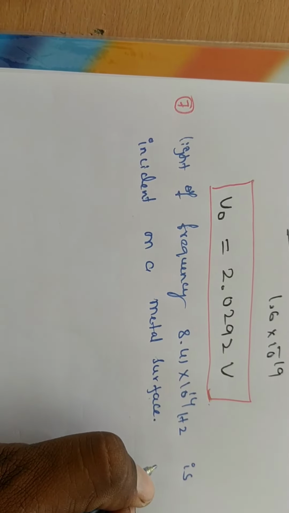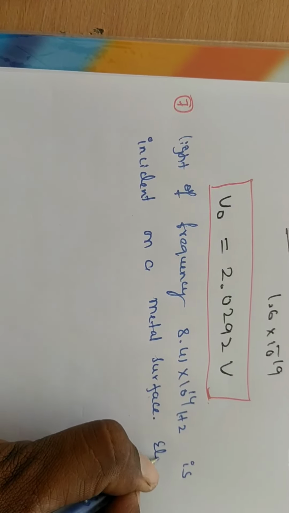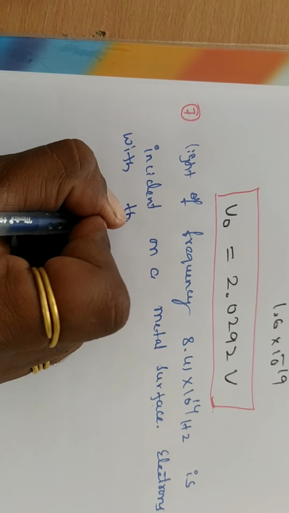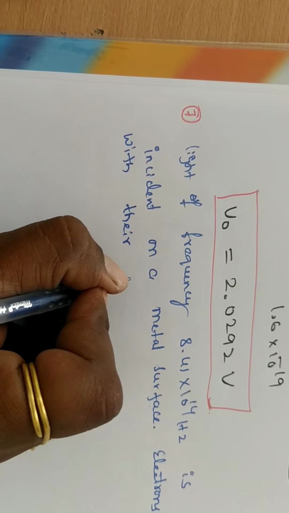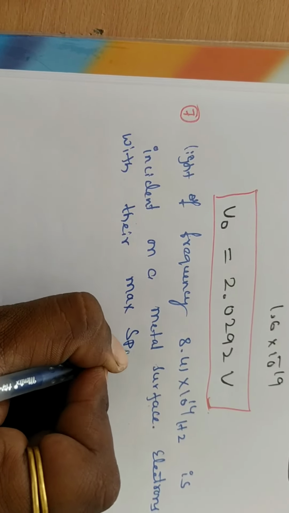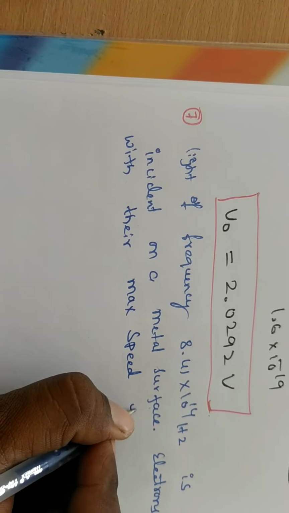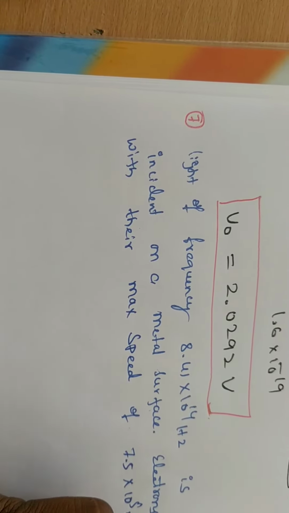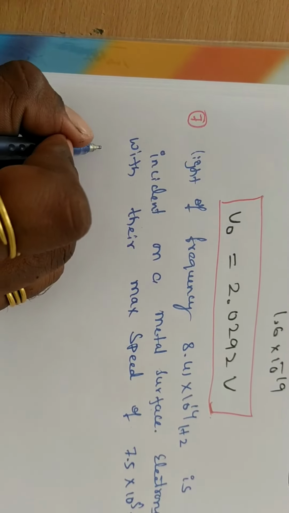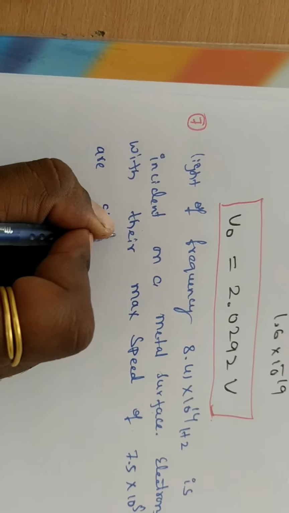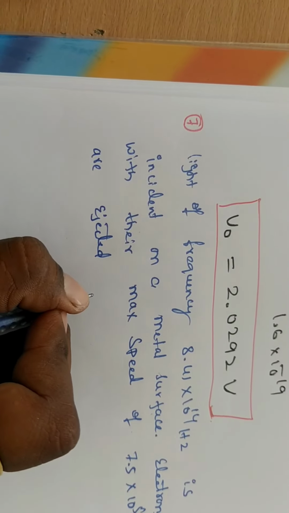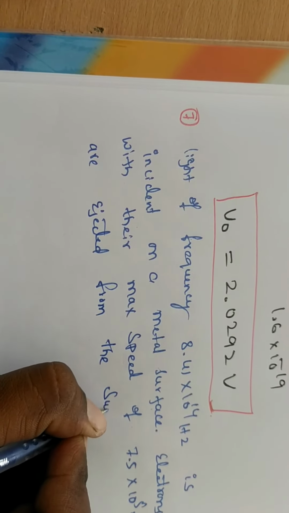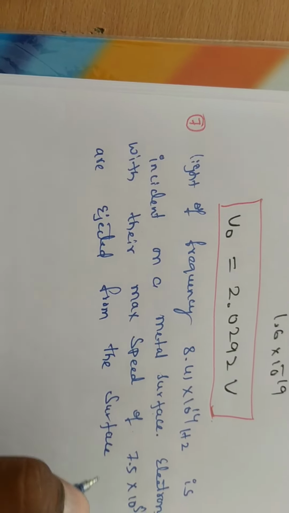Electrons with their maximum speed of 7.5 into 10 to the power of 5 meter per second are ejected from the surface.